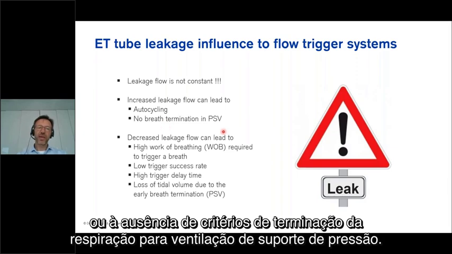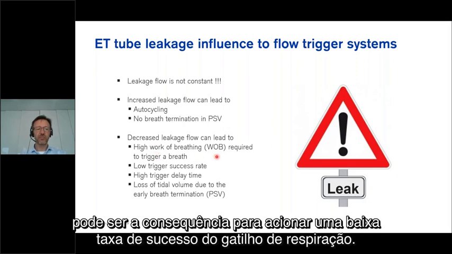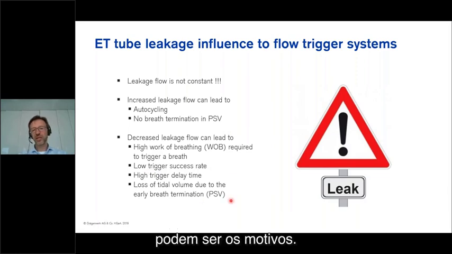And even if we have properly adjusted the trigger threshold and also the termination criteria for pressure support ventilation, if the leakage is now decreasing, then high work of breathing to trigger a breath, low trigger success rate, high trigger delay times, and loss of tidal volume due to early breath termination can be the consequence.